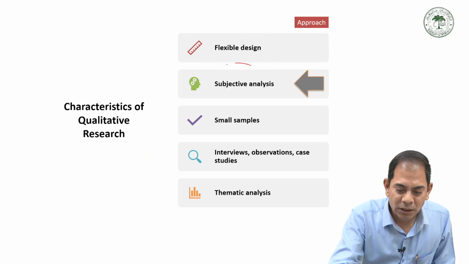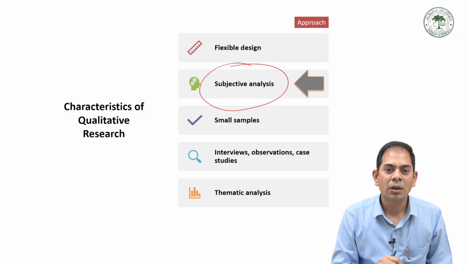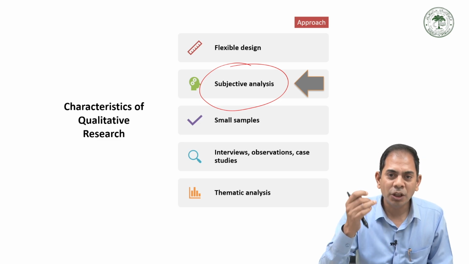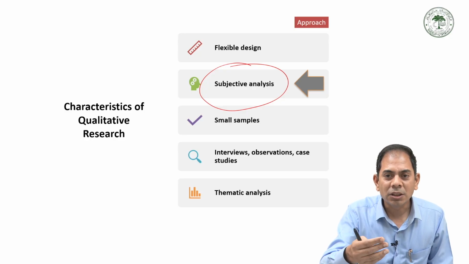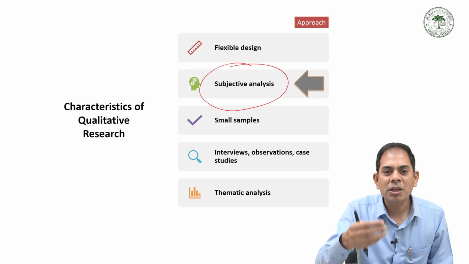Next important is subjective analysis. Here the interpretation depends on the researcher's understanding, because of the reasoning power, understanding, knowledge, and approach of the researcher. So how much understanding the researcher has determines the interpretation you will find.